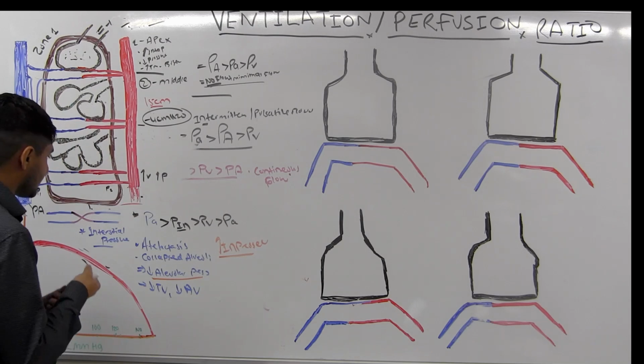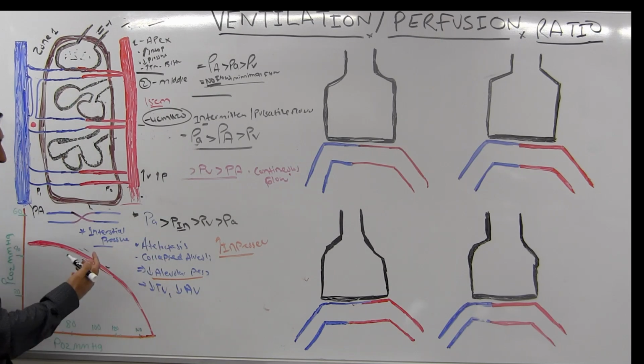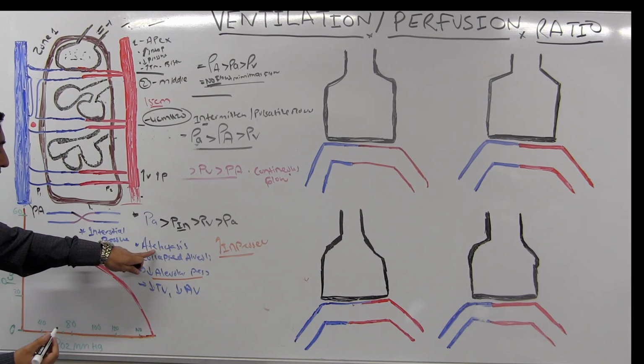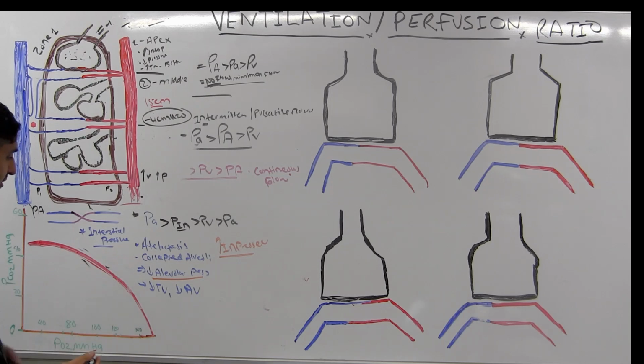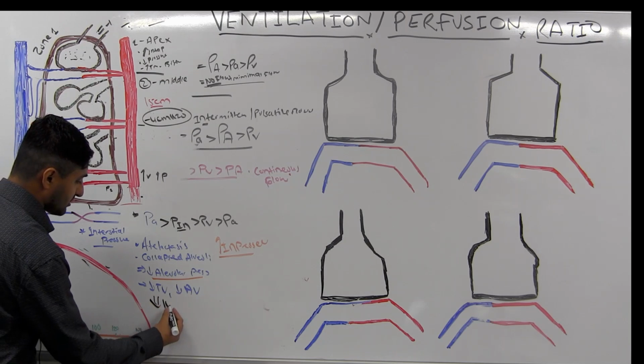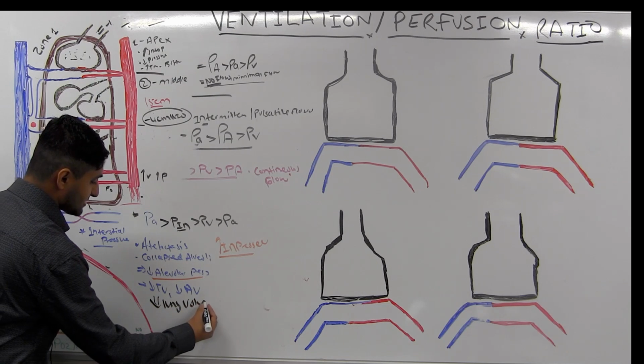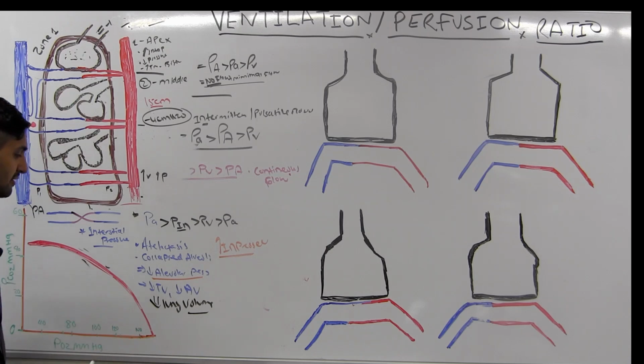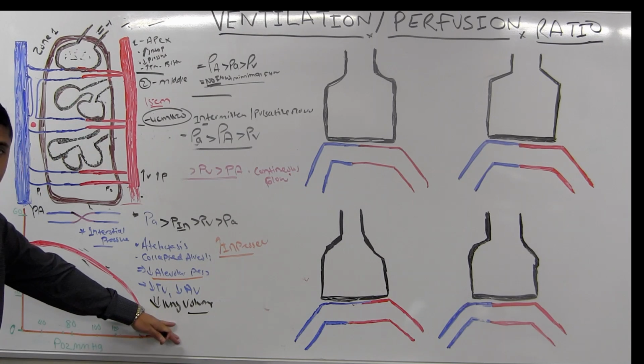And one of the key things is that if this happens because of collapsed lungs, you're going to have a decrease in lung volume. It makes sense, because when you collapse lungs, you decrease alveolar tidal volumes, so it makes sense that you have a lower lung volume.